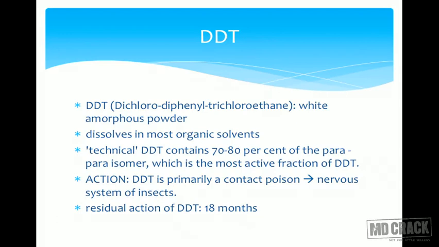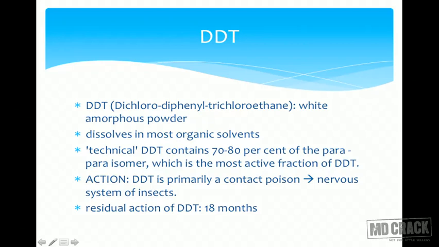It dissolves mostly in organic solvents, does not dissolve in water. Technical DDT contains 70 to 80% of para-para isomer. This can be asked. I remember it as para-para isomer, which is the most active fraction of the DDT. So that isomer is the most active form.